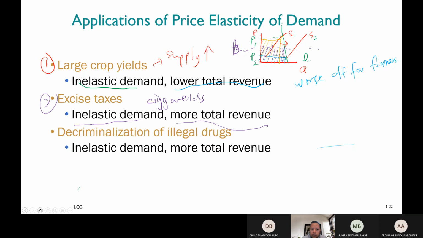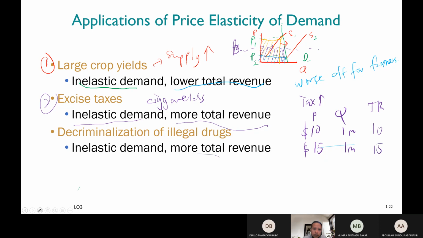If the government increases the tax, let's say previously the price of cigarettes is 10 and the quantity consumed is 1 million. Now the government increased the tax, and because of that the price increased to 15. Because the demand is inelastic, it doesn't change, so it's the same demand. What happens is that the total revenue can increase.